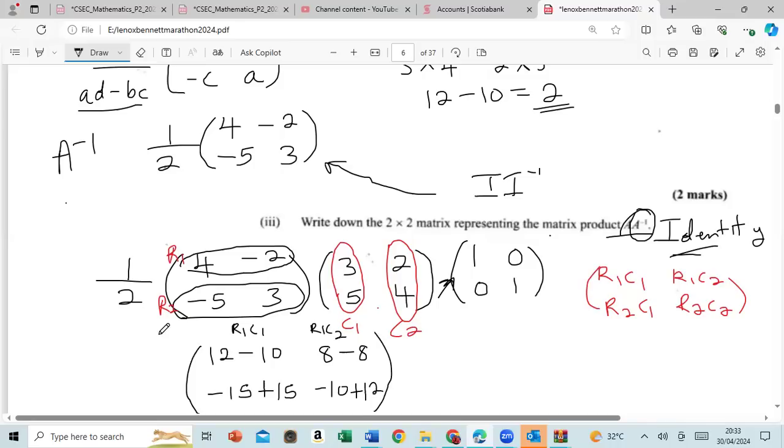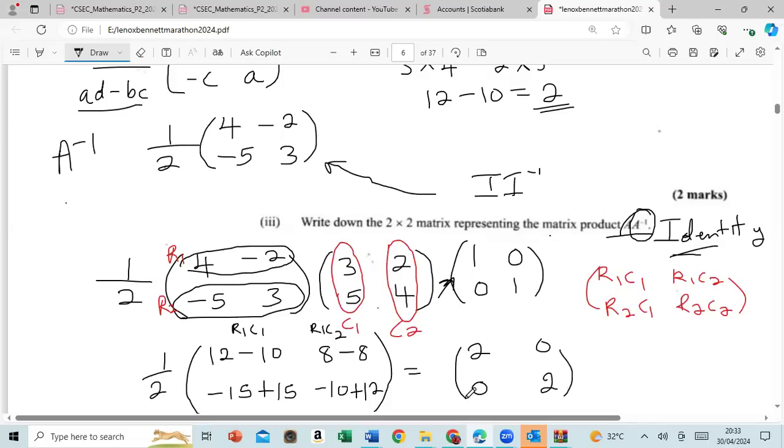Bear in mind, we had gotten 1 over 2 for this part, so you actually can see the answer from here. 12 minus 10, that's 2. 8 minus 8, 0. Negative that, 10 plus 12 is 2.